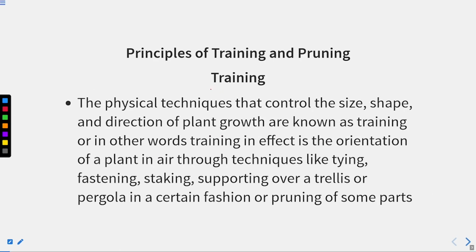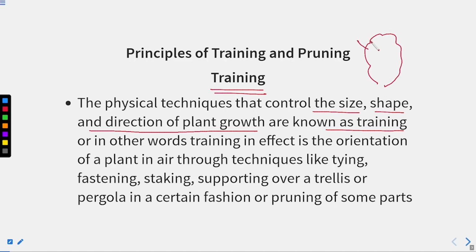So what is training? The physical techniques that control the size, shape and direction of plant growth are known as training. So what are we generally doing? Suppose there is a bush, then it may give rise to branches like this. So the shape of this particular bush may not be very good, right?